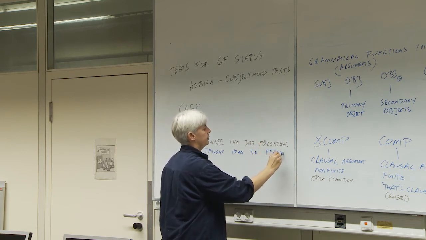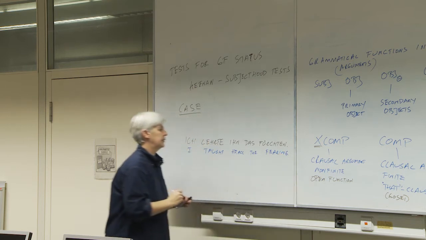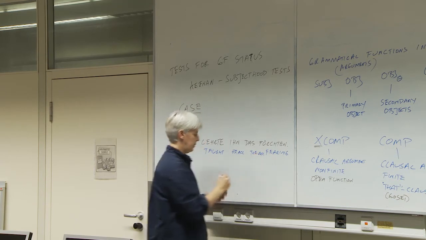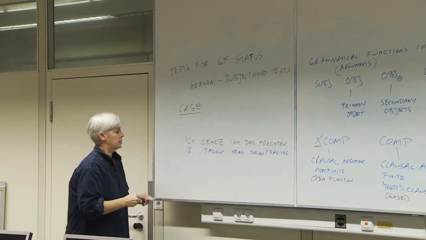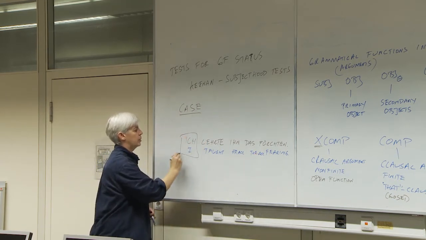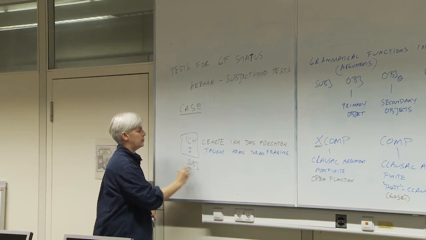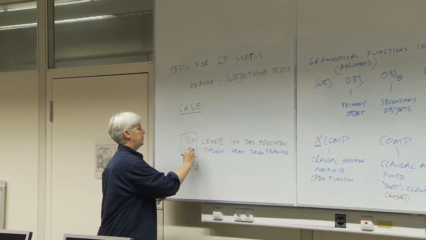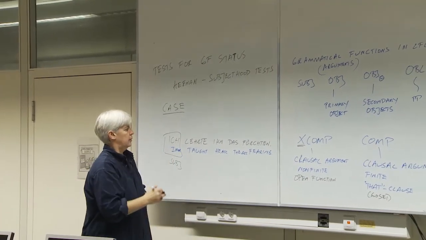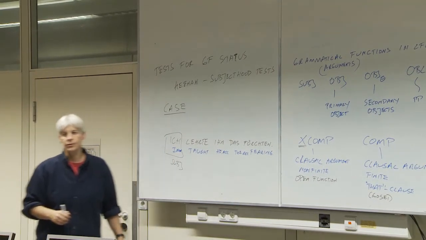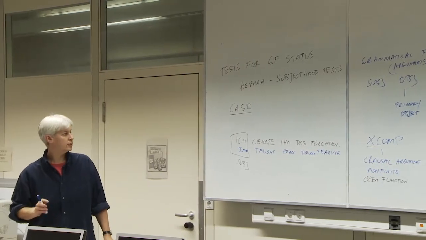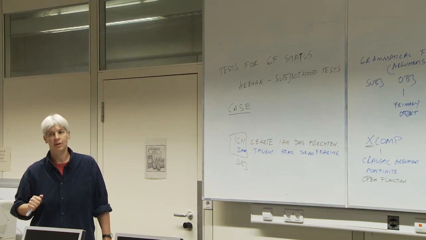I taught him to fear. And this is also accusative. So there you have to worry about it. This is subject. It's nominative. I forgot to put that in. And then you have two accusatives. Now one of these is going to be the direct object, and one of these is going to be the indirect object.